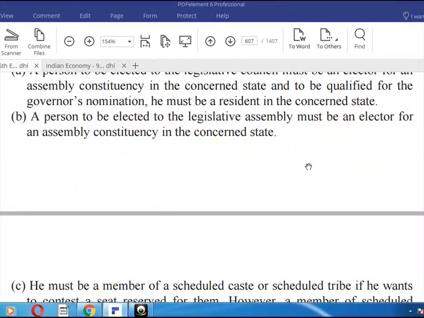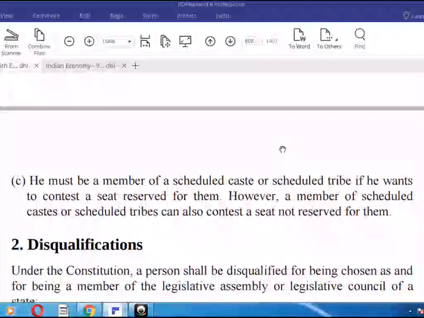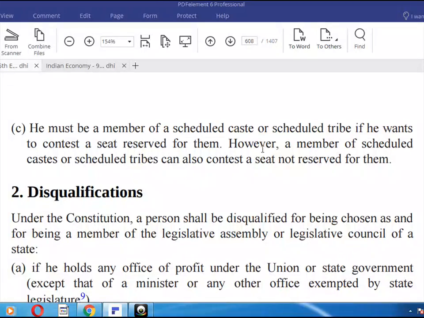A person to be elected to the Legislative Assembly must be an elector for an assembly constituency in the concerned state. He must be a member of a scheduled caste or scheduled tribe if he wants to contest a seat reserved for them. Every member of a scheduled caste or scheduled tribe can also contest a seat not reserved for them.